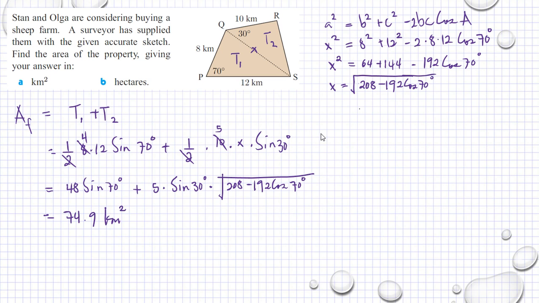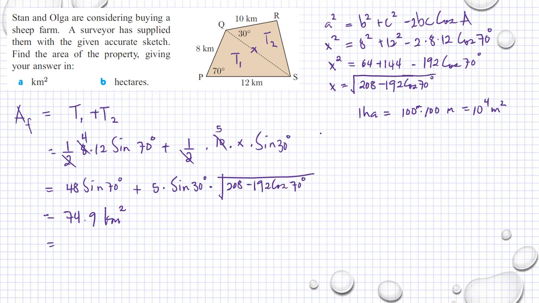And 1 hectare is equal to 100 meters times 100 meters, that is 10,000 square meters, 10 raised to 4.